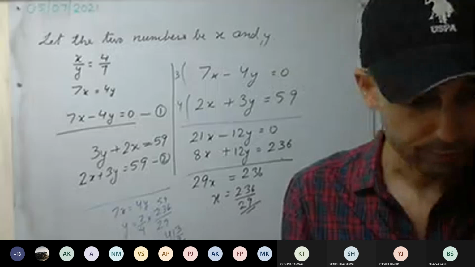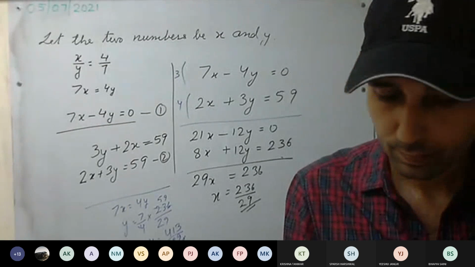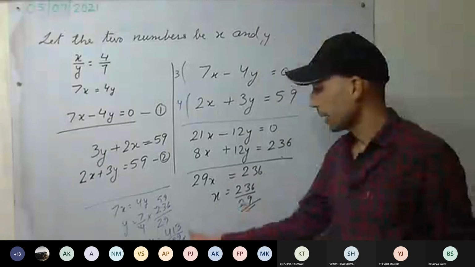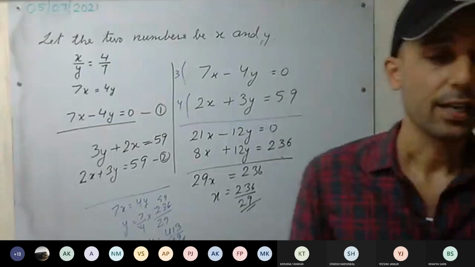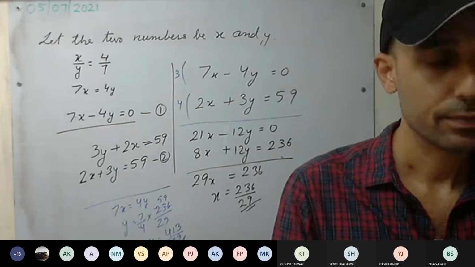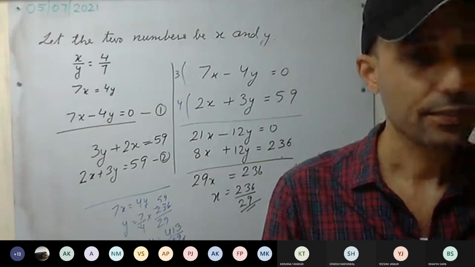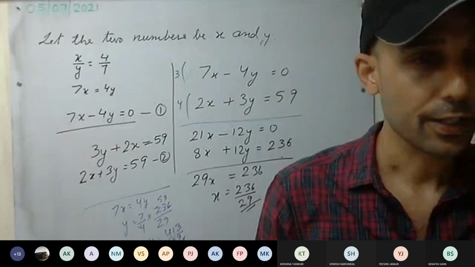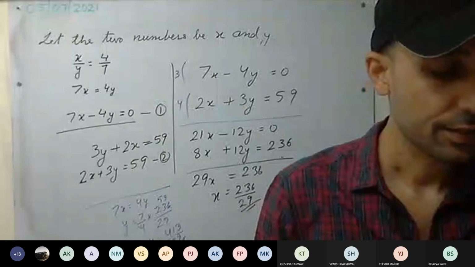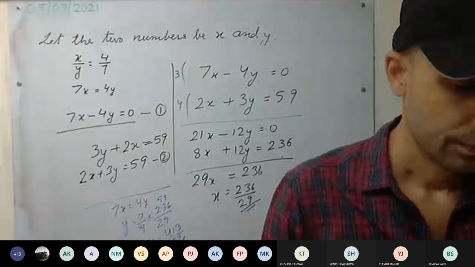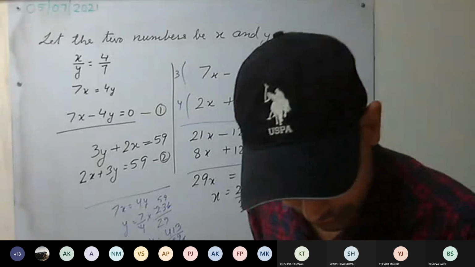You can convert that in mixed fraction as well. Does anyone have doubt in this question? Second one, anyone have doubt? Okay, go for third one. Read the third question.